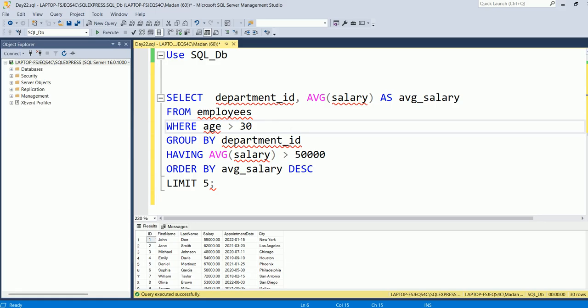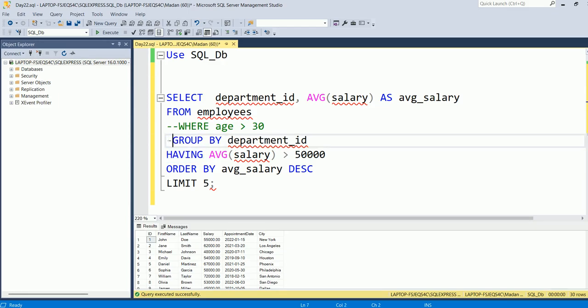If based on the problem statement no where clause is involved, you simply group them based on the department ID. If you want to filter group-wise, the having clause applies, and it is generally used with group by only. So fourth is group by, fifth is having.